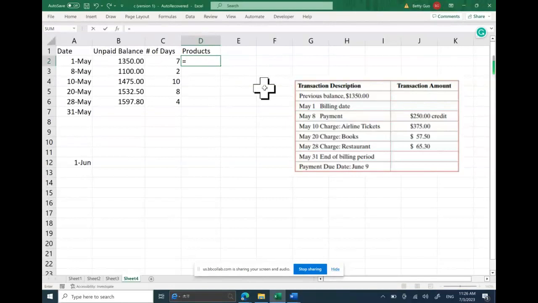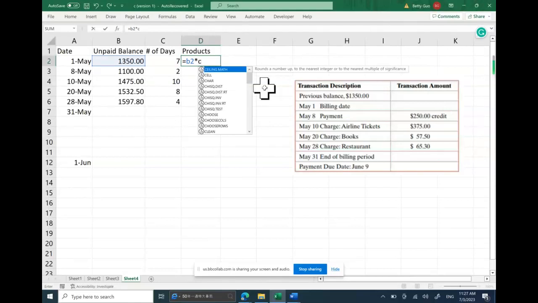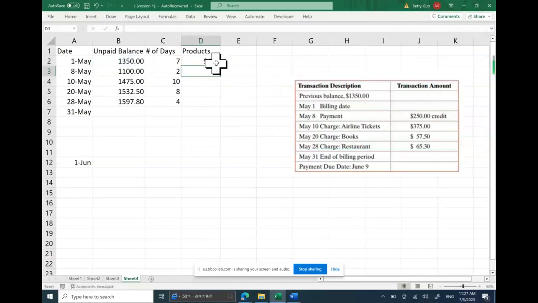I'm going to do B2 multiplied by C2. The answer would be $1,350 multiplied by 7, B2 times C2. You should have the same amount when you multiply 1350 by 7.